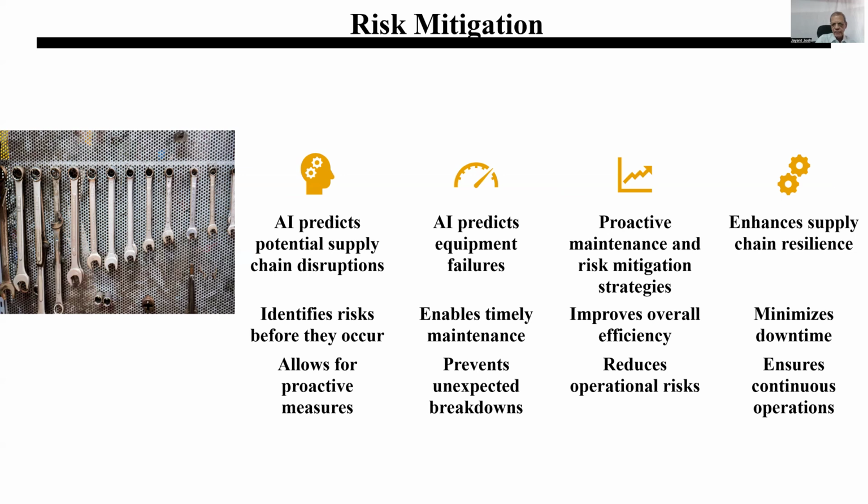Predictive analysis along with artificial intelligence can also predict equipment failures, and this enables timely maintenance, which will give a smooth product flow with the quality standards. And this prevents unexpected breakdowns. That's another big advantage of artificial intelligence in supply chain management.